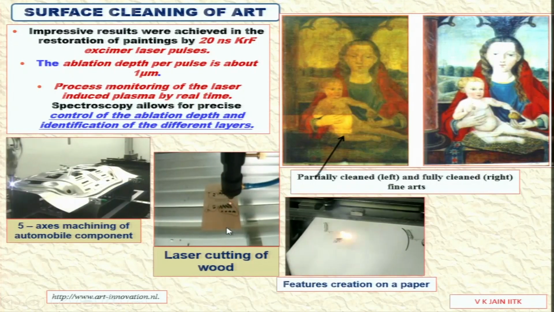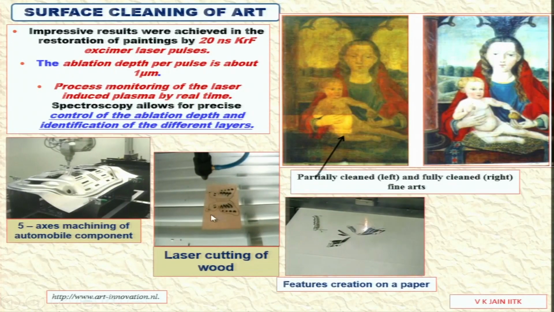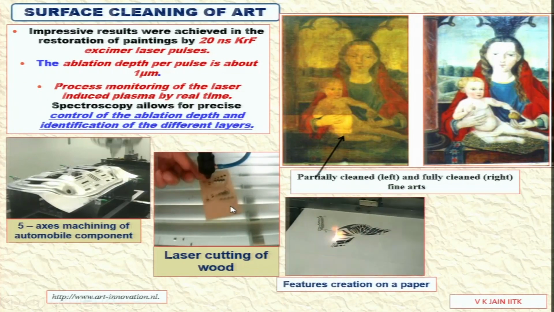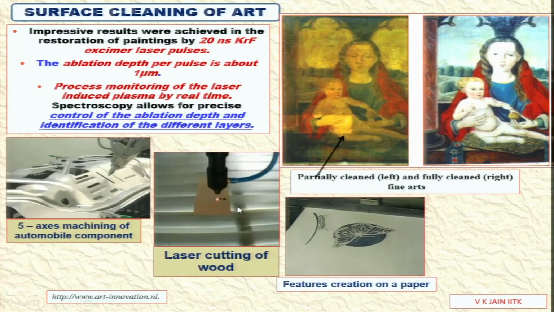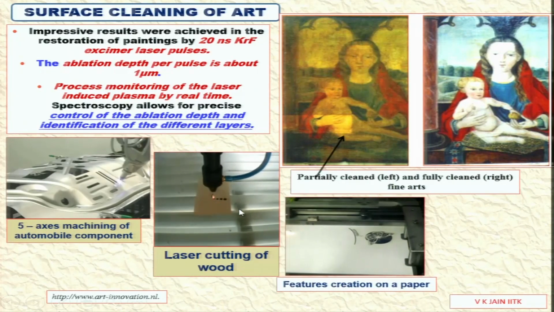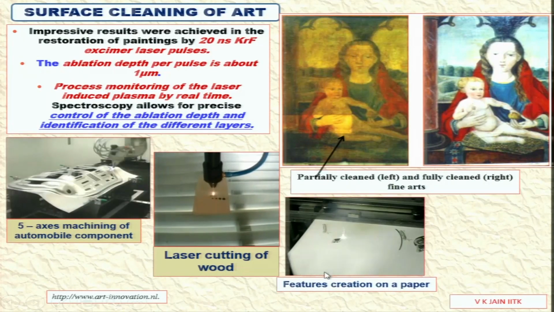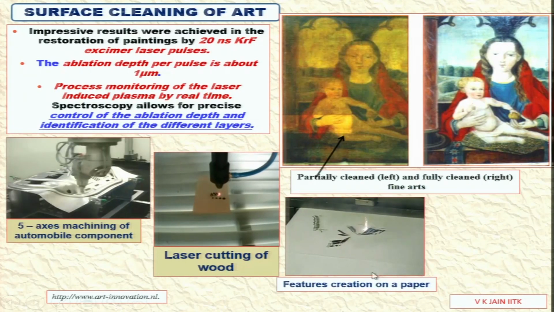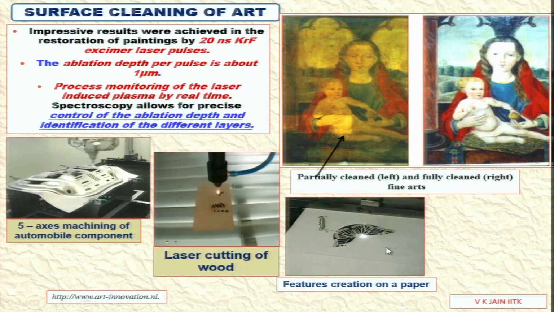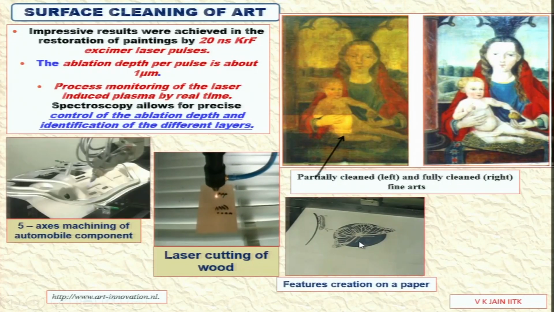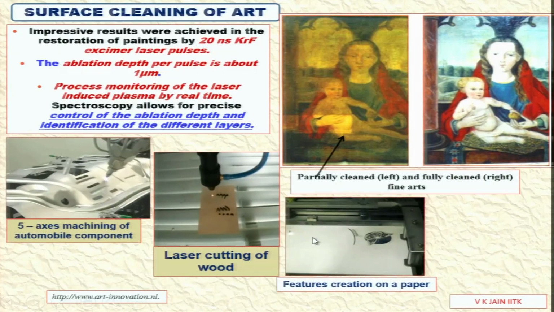Here you are cutting the wood with the help of the laser beam and different kinds of features are created over here on the board, and it takes a few seconds to really cut it and make the feature. Feature creation on a paper. This is a piece of paper where different features are being created with the help of the laser. So there is a relative motion between the laser beam and the workpiece surface.